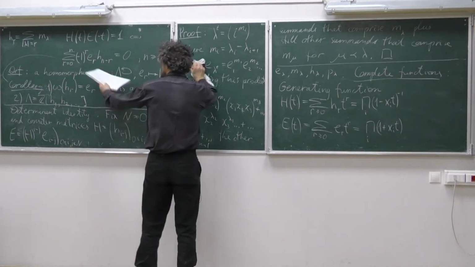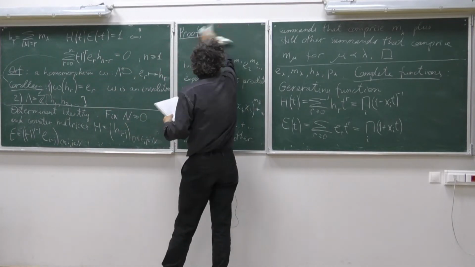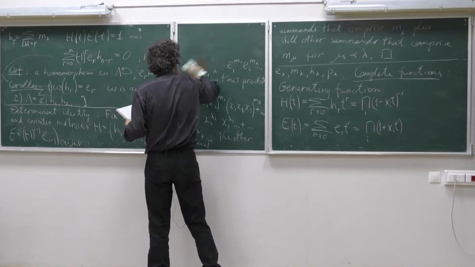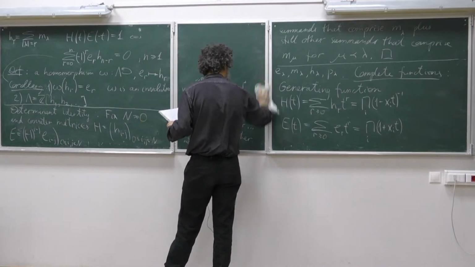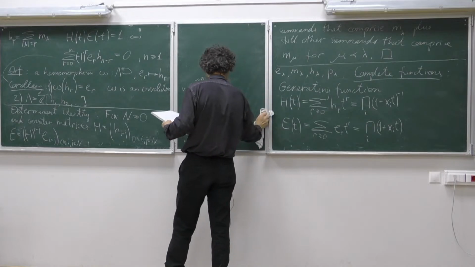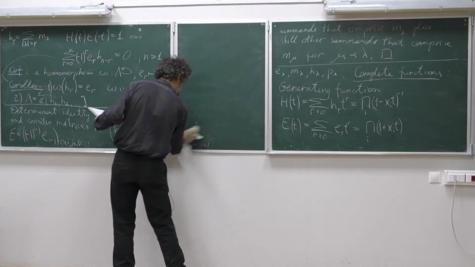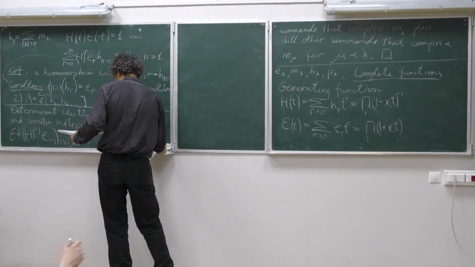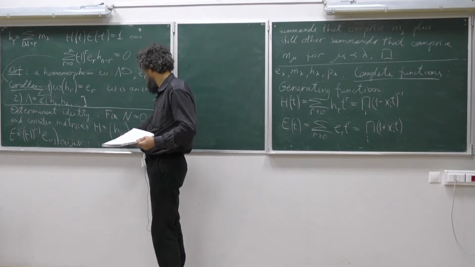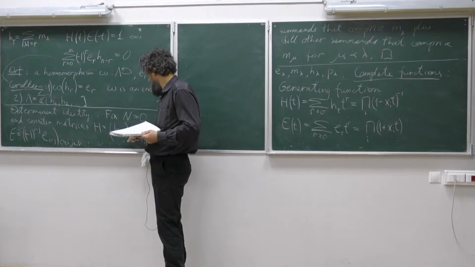Then, by this basic identity, those two matrices are inverse to each other. And to begin with, they are lower triangular. Yeah, because if i minus j is 0, we just get 1.